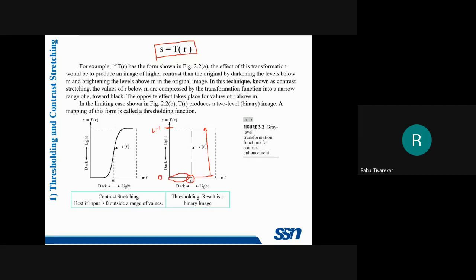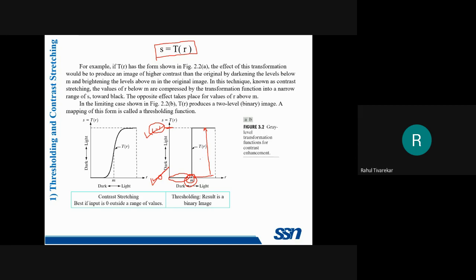At M you have a sudden transition. Just before M, all the pixels will be shown in dark black color, and just after M, all the pixels will be shown in full bright or white color. Your input image will have various intensity levels, but the output image will have only two intensity levels, full black or full white. That is called the thresholding operation.